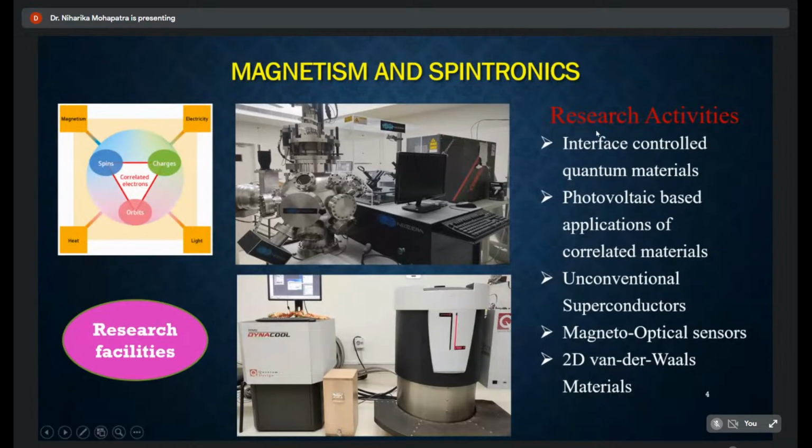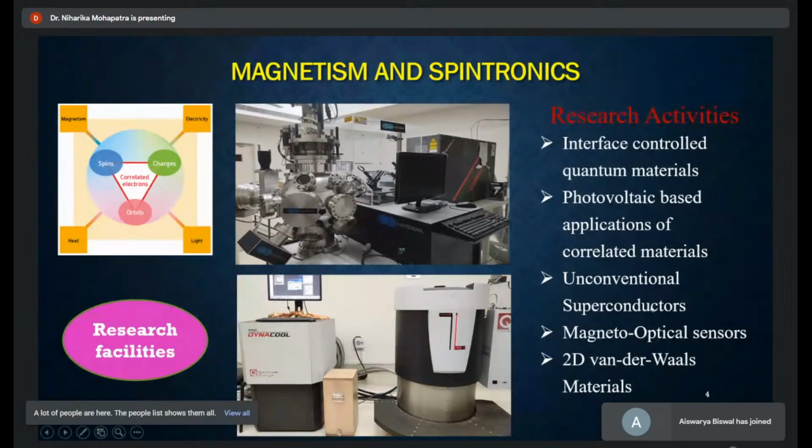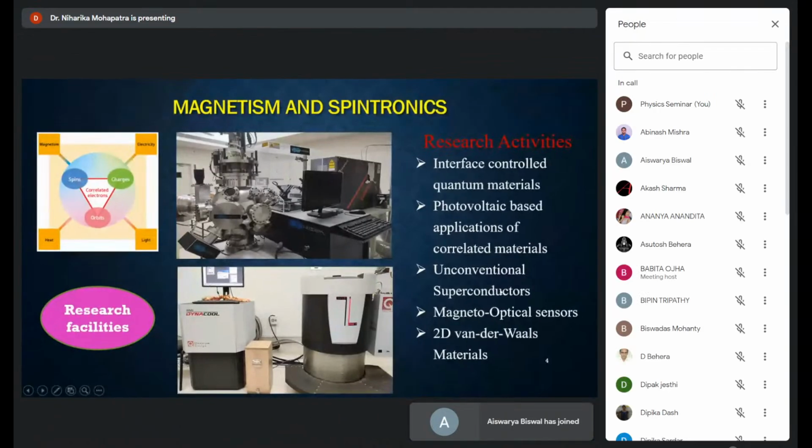The research activities that we generally conduct are interface controlled quantum materials, photovoltaic based application of correlated materials. We also work on unconventional superconductivity, van der Waals materials, and magneto-optical sensors. These are some of the topics that we are carrying out right now.